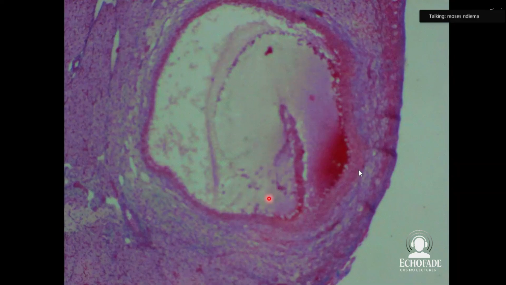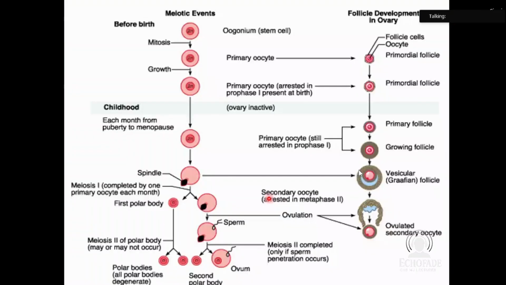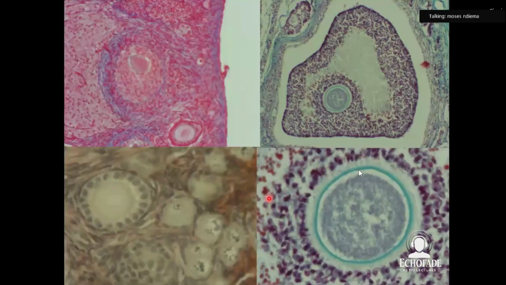What then happens to that space? What happens to this space here after ovulation? When the oocyte, together with the corona radiata cells, is released, this antrum, the fluid-filled space, is now invaded by the granulosa cells and also the theca interna cells.